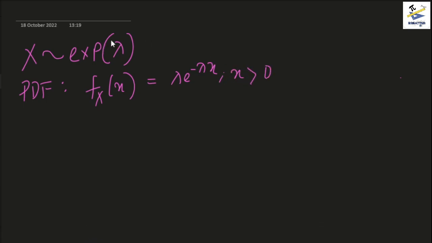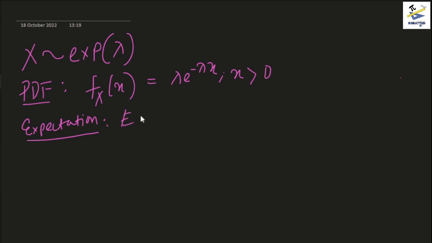So when x follows exponential distribution with parameter lambda, it means that the PDF is given by f of x equals lambda e to the power minus lambda x, where x is greater than 0, right? So this was given, and we also found the expectation, the expected value of x, that is the value of x which is, let's say, its average.